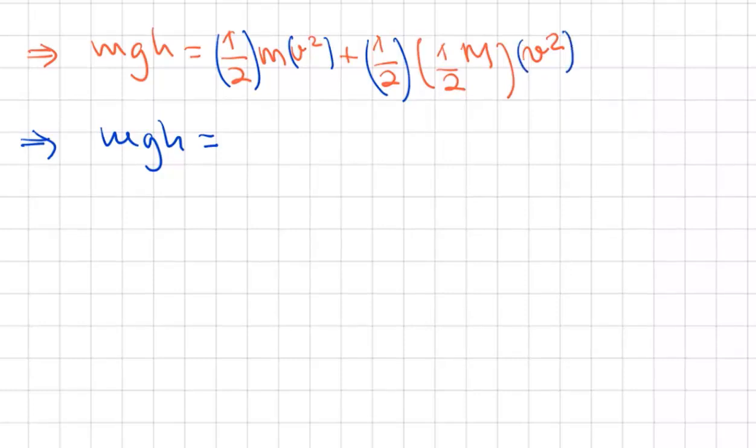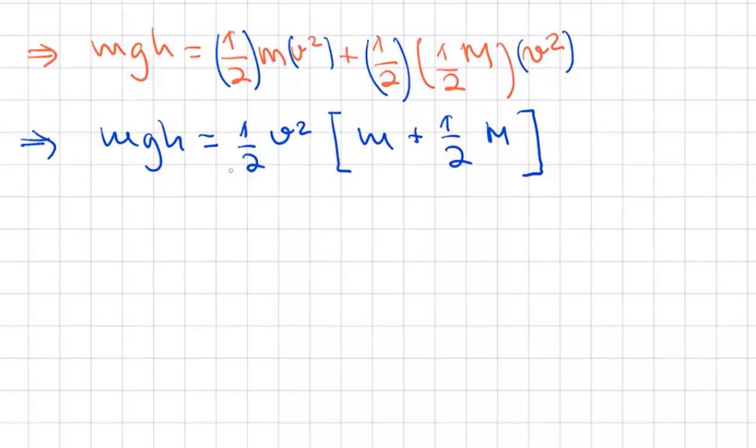Those terms are common on each part of the equation, so I will take the common factor out, okay, like this, 1/2 of v squared multiplying m plus 1/2 of m. What I did, I took common factor out. So these two that are dividing on this part of the equation are going to multiply on this part, and this whole part multiplying here is going to divide on this part.